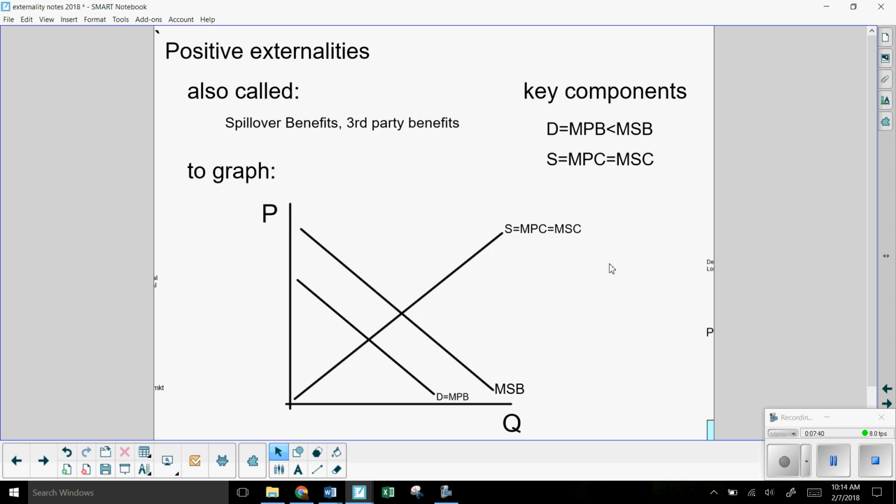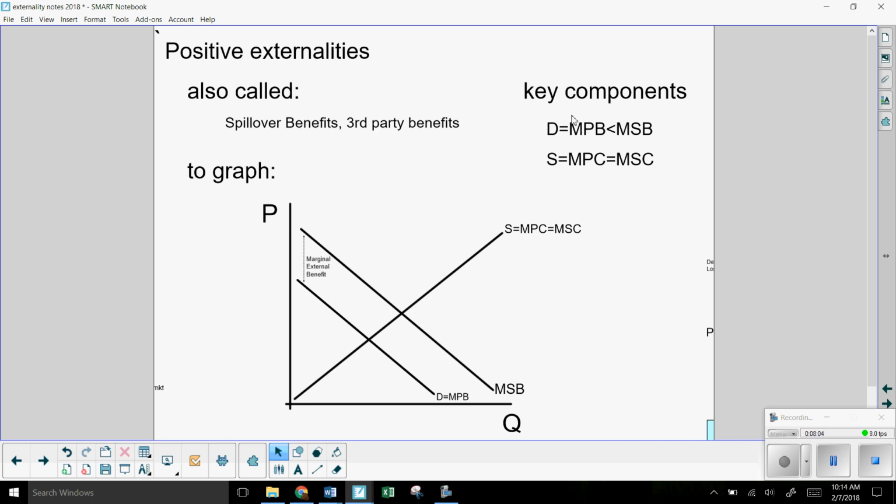So the big idea here is that what we have is a marginal external benefit that accrues to somebody who's not the buyer. So this is a spillover benefit, or a benefit that accrues to a third party. And this is reflected over here in this equation/inequality. You have demand as marginal private benefit. That's you thinking about how many flowers will I buy.